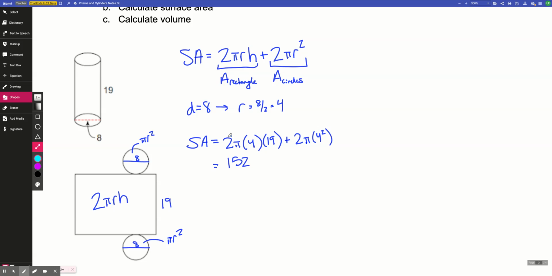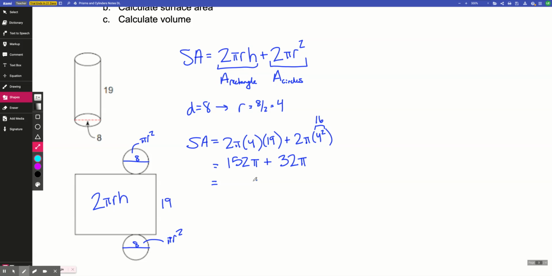I literally just multiplied 2, 4, and 19 together, and I still have my pi stuck there on the end. Plus 4 squared is 16, and 2 times 16 is 32. So 32, and I still have my pi on the end.